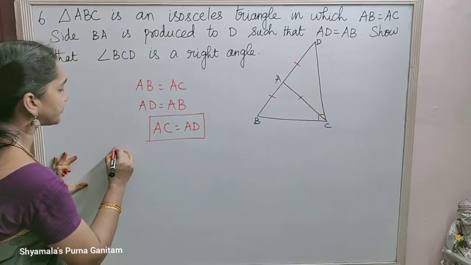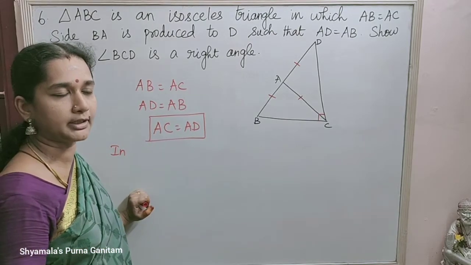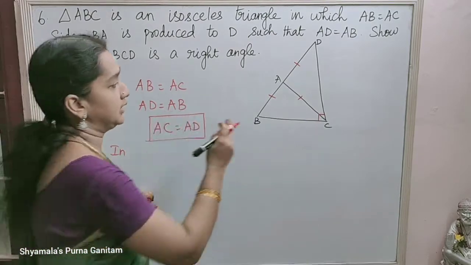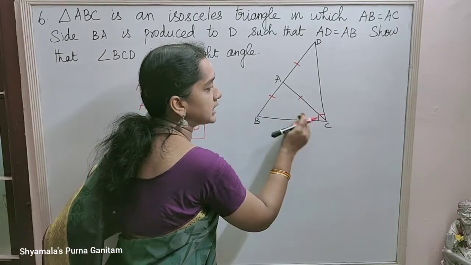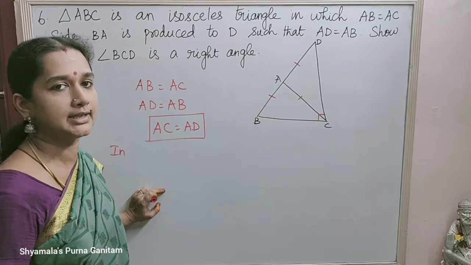So we will use the isosceles triangle property. What is the isosceles triangle property? The angles opposite to the equal sides, the base angles, are equal.